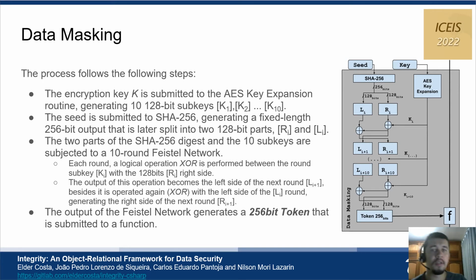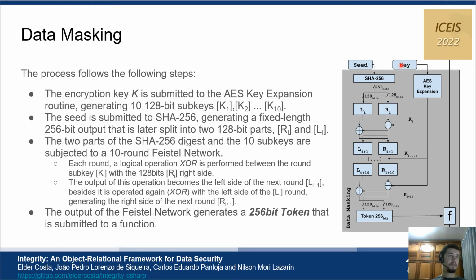As I said before, the data masking process follows these steps. The encryption key K is submitted to the AES key expansion. This is the key that the developer defines at the startup of the application, and it generates 10 new 128-bit subkeys.